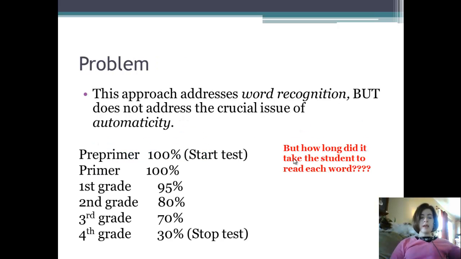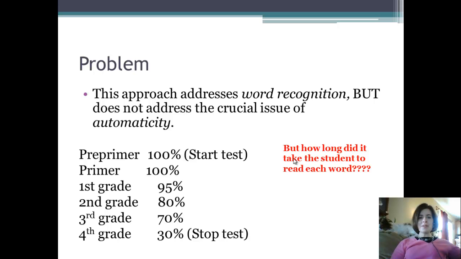The problem with giving them a word list and letting them read down the word list is that it does address word recognition, but it does not address the crucial issue of automaticity, being able to automatically identify words. You know, back when you were learning the multiplication tables, you remember back that far?